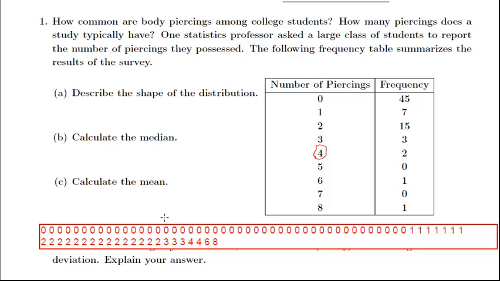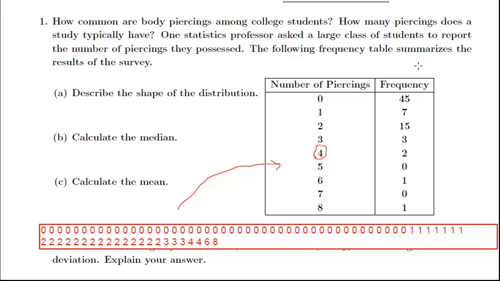And so this is what the data would look like before it was made into a frequency table. Now you can see really clearly that the median isn't going to be 4. 4 is all the way over here. If you were given this instead of the frequency table, you could clearly see that the median is going to be around 0.